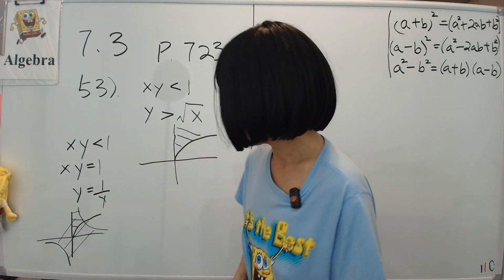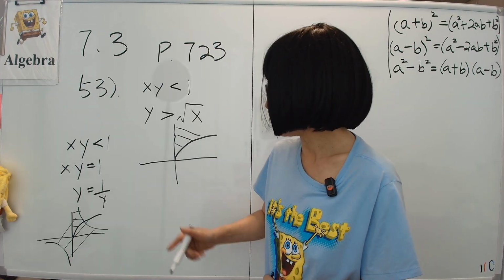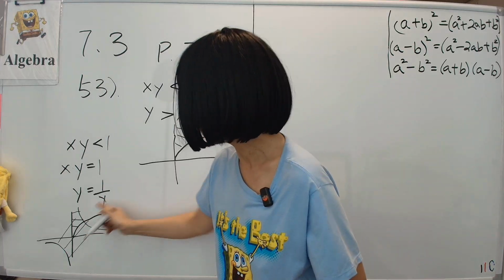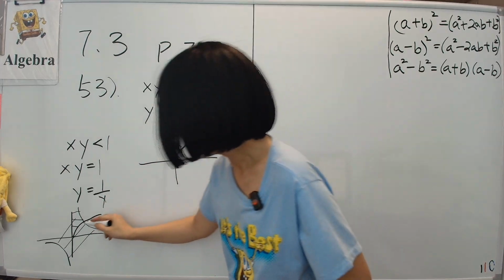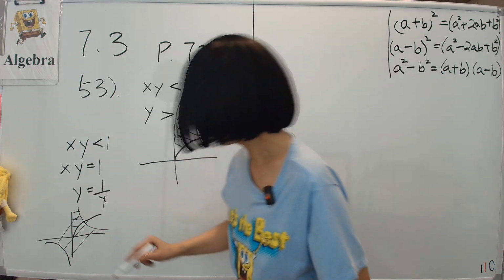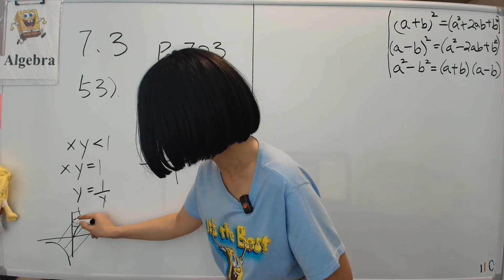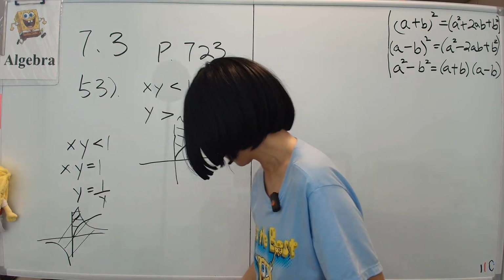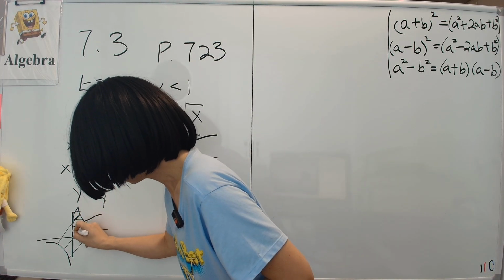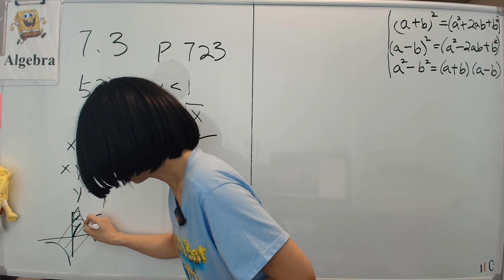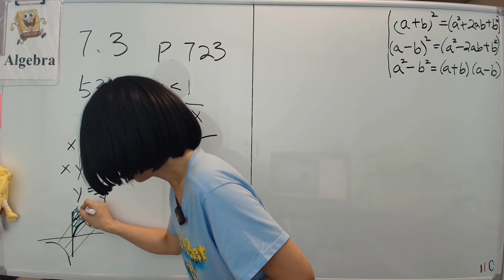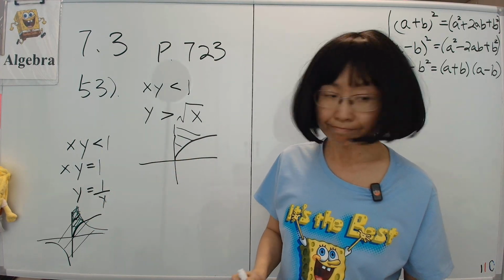The boundary is dotted because we don't want any equal to. We only want strictly less than and bigger than. So the area in common would be this thing right here, or if I draw it with a green marker, all of this stuff that I mark green, that should be it. The boundary is not included.